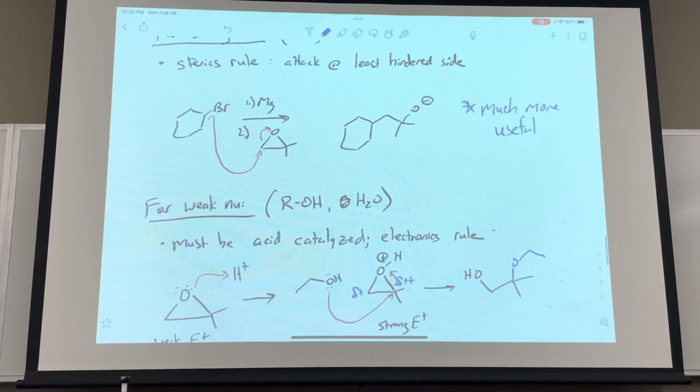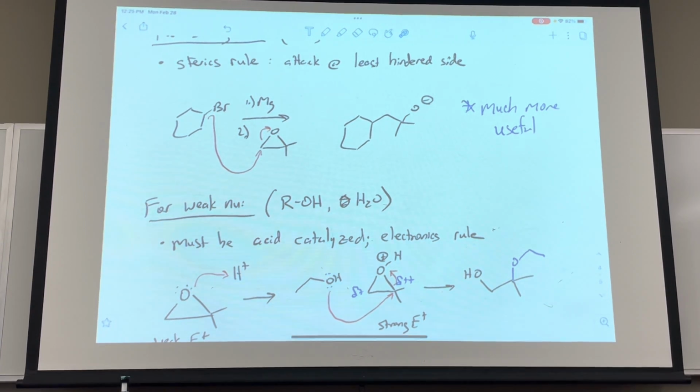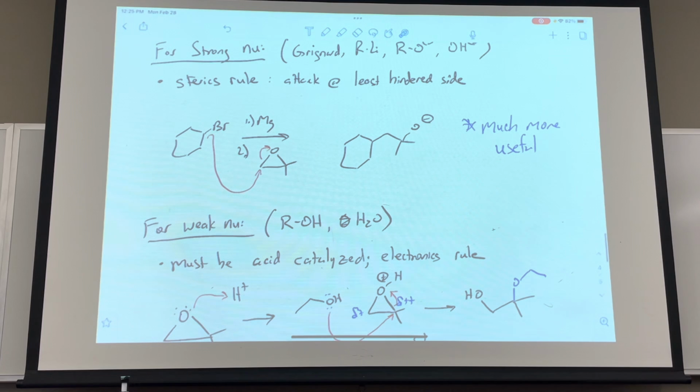The only thing you can use the weak nucleophile for is to make things like these ether alcohols. If you used water, you could make a 1,2-diol, which are great if you need to, but how often do you really need to do that? So the point is, the strong nucleophile reactions are going to be much more useful and much more common than using the weak nucleophiles.